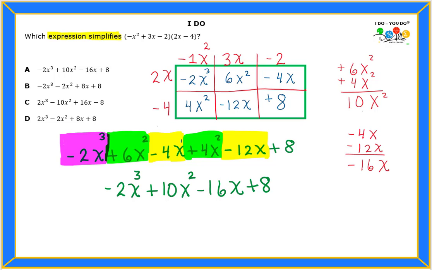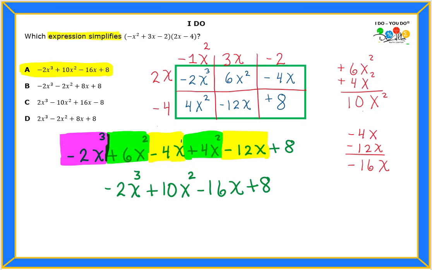Okay, so let's look at the answer choices and see if you can tell me which one matches our answer. Okay, let's look at letter A. Does that look like our answer? It sure does, right? That looks exactly like the answer that we have. So that is actually our answer, right? But if you really want to confirm, you can go down the line and check on the rest of the answer choices.